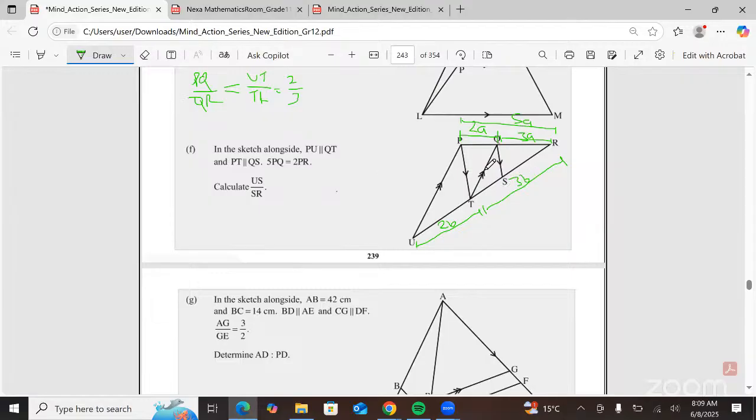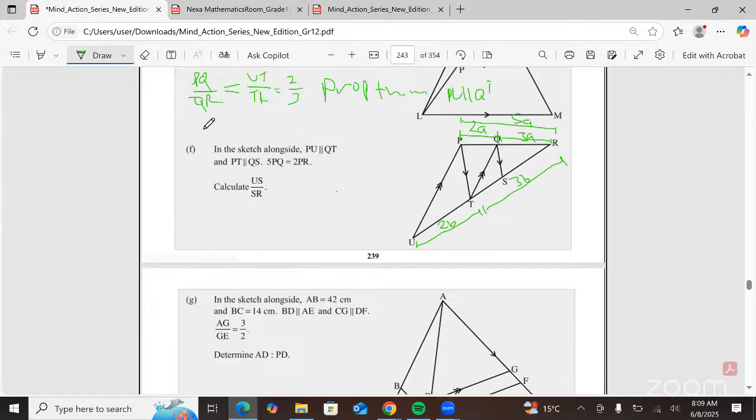Again, in triangle RPT, we can see that the proportionality theorem applies because of the parallel lines. PT is parallel to QS. Therefore, I state the reason: proportionality theorem, and the parallel lines PU is parallel to QT.